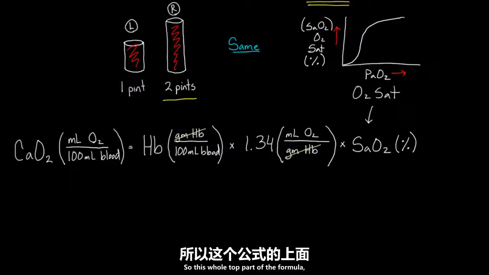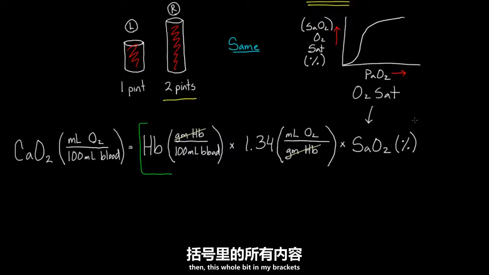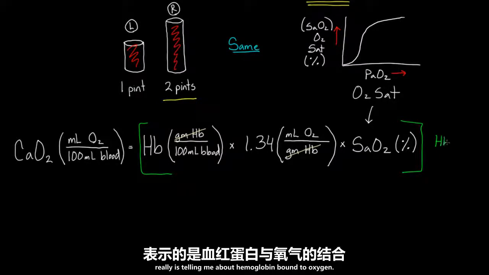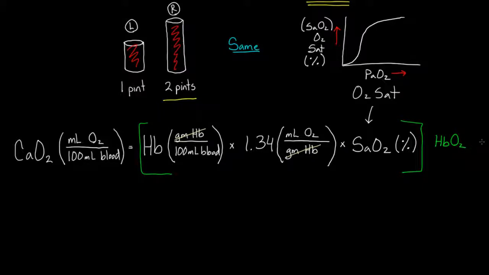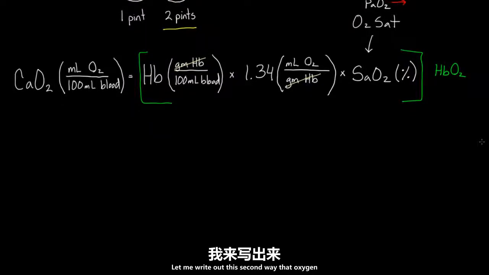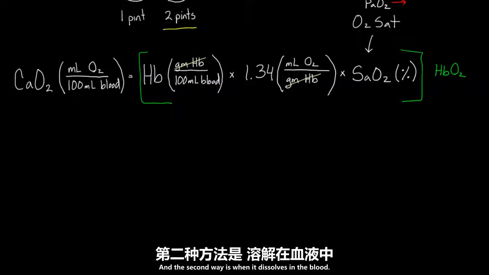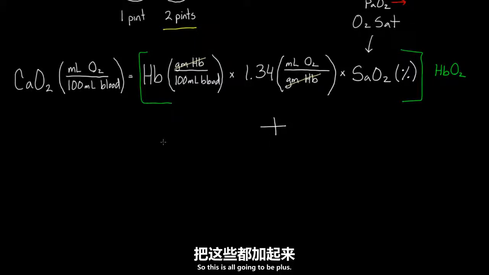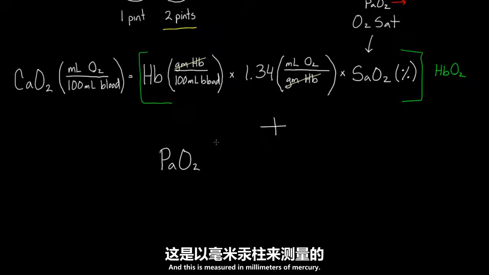So this whole top part of the formula, this whole bit in my brackets, really is telling me about hemoglobin bound to oxygen. Now remember, that's not the only way that oxygen actually travels in the blood. Let me write out the second way that oxygen likes to get around. And the second way is when it dissolves in the blood. So this is all going to be plus, and the second part of the equation is the partial pressure of oxygen, and this is measured in millimeters of mercury.